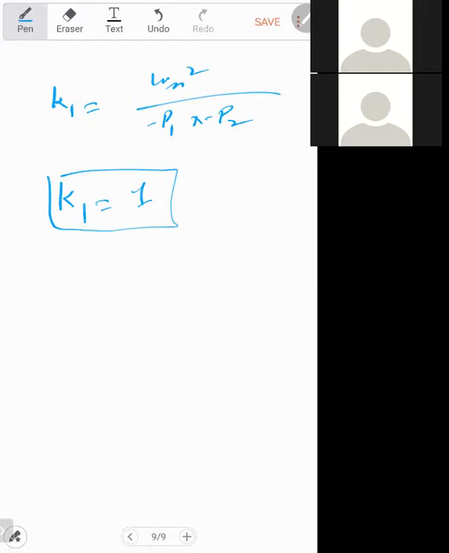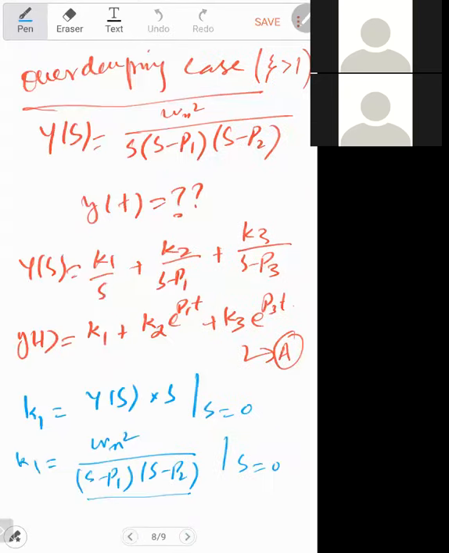Similarly, if you solve this for K2, you have to multiply with S minus P1 on both sides. So all will become equal to 0 except K2.